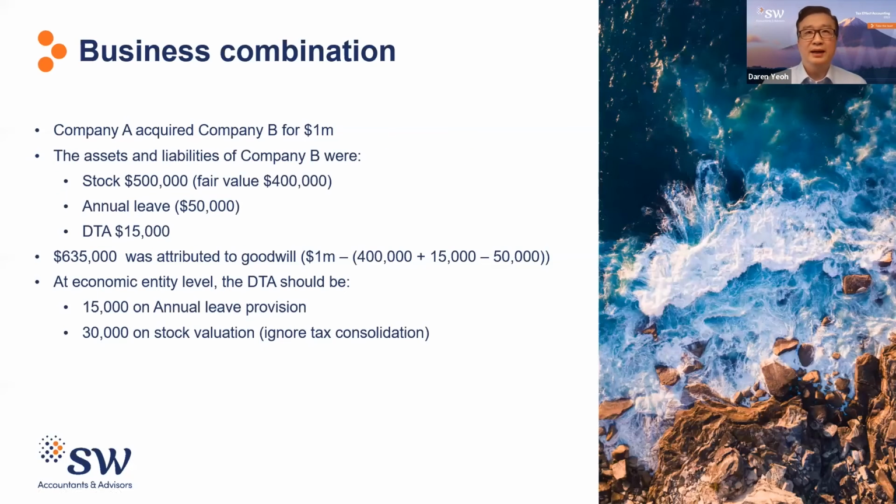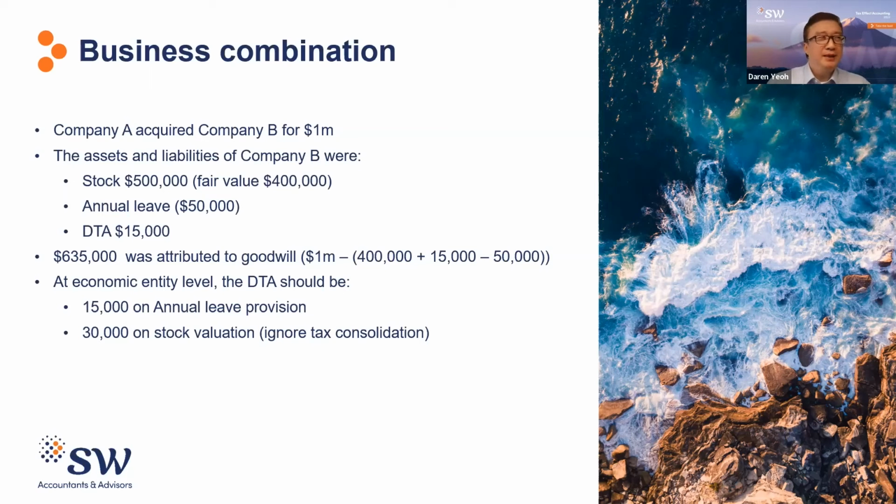So let's have a look at a simple example. We have Company A acquiring a target entity, Company B, for $1 million. In Company B, let's say the assets comprise of stock of 500,000 in the accounts, and that's what the cost is for tax purposes.